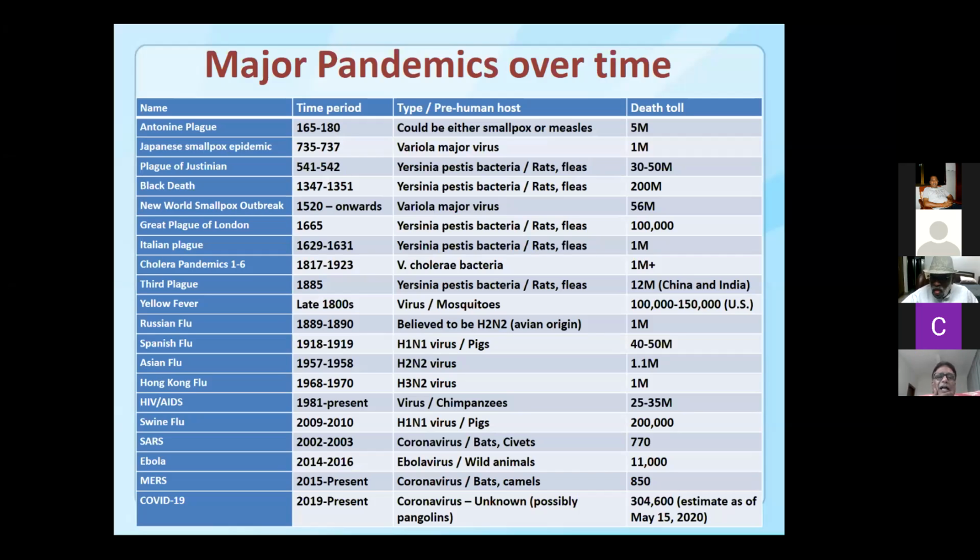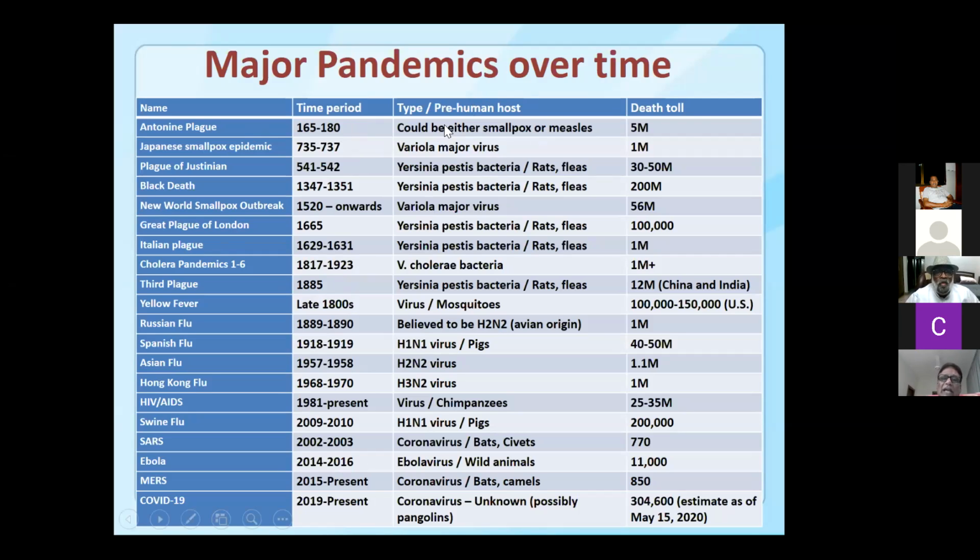This table just summarizes that we have had more than 20 pandemics over time. Some of the earliest pandemics actually began thousands of years before Christ. I'll talk about them a little while later. But for some of the prominent ones, it shows how they occurred, the time period, 165 to 180 AD and so on, up to the present COVID-19.